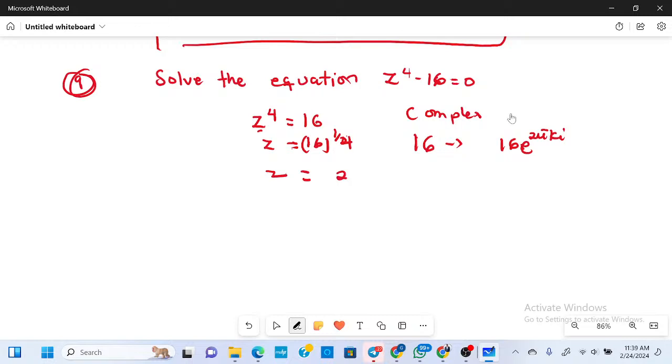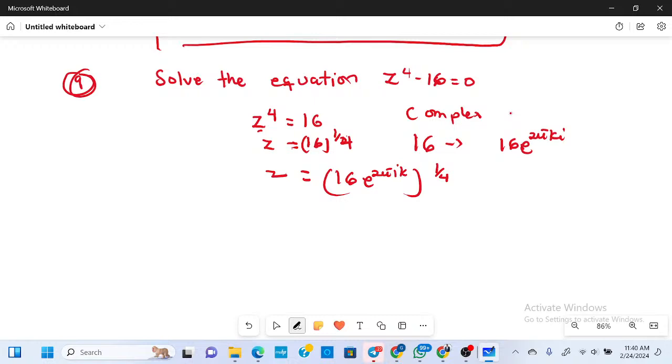So I have z is equal to 16 multiplying e to the power 2 pi ik, all to the power 1 out of 4.